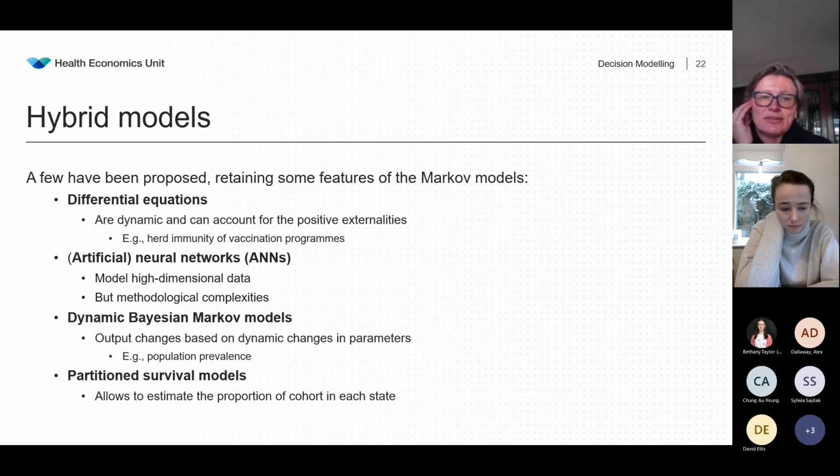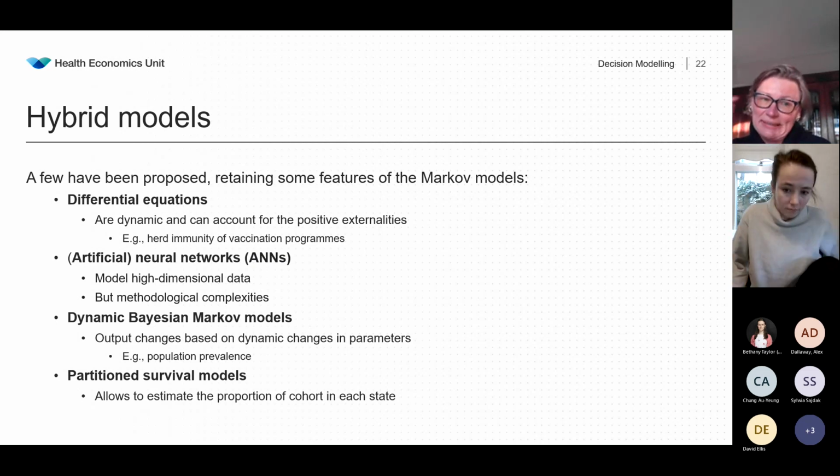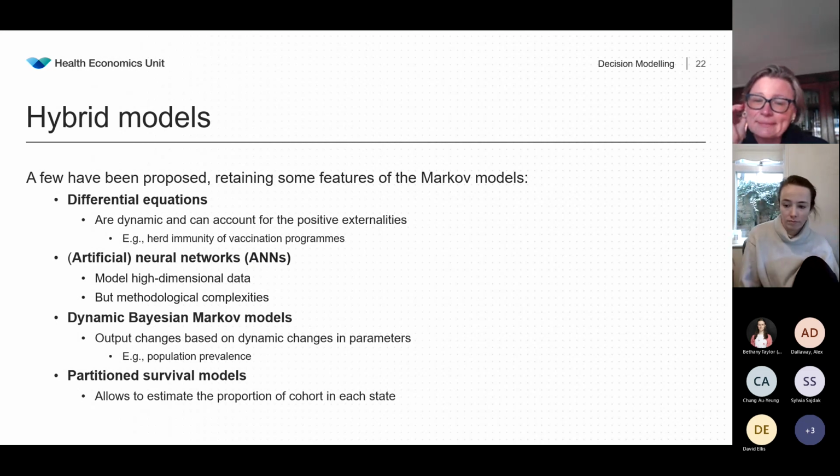So one person having a vaccine provides benefit for others. These could be dynamic, this could be quite sophisticated, and for estimating things like infection prevalence, for example, those were shown to be more precise than other methods. So they prevent the overestimation that you sometimes see in other models.